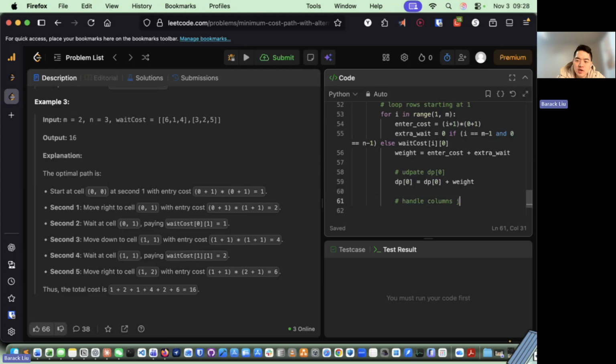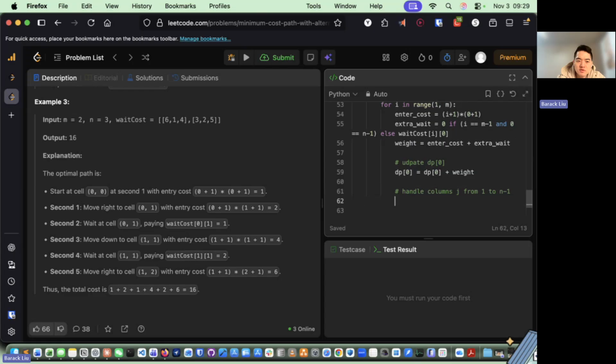And handle columns j from 1 to n minus 1. Similar strategy, huh?